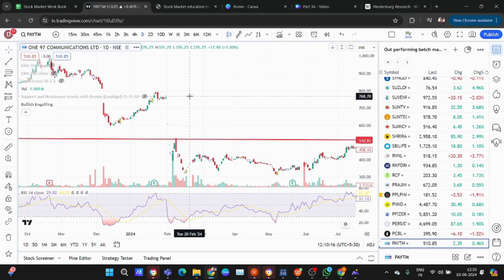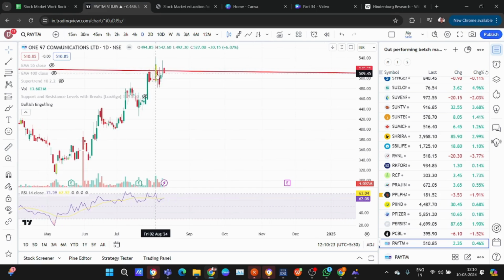I also recommended this before, around this candle, but it was false because the confirmation did not come into the picture.